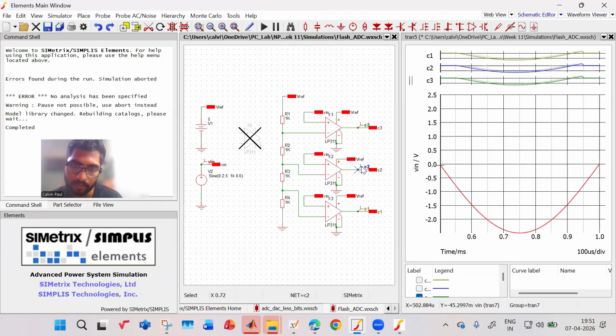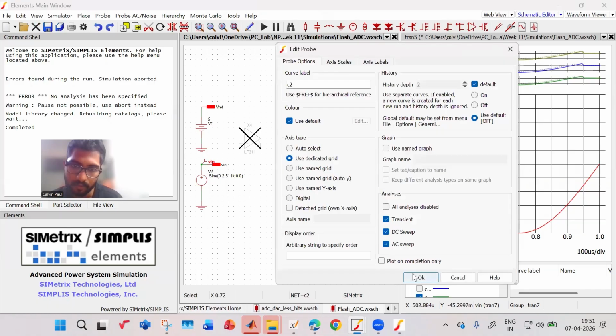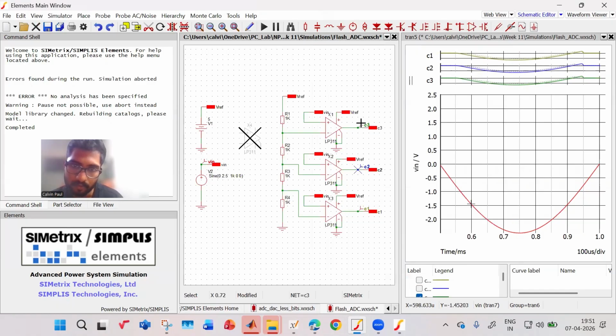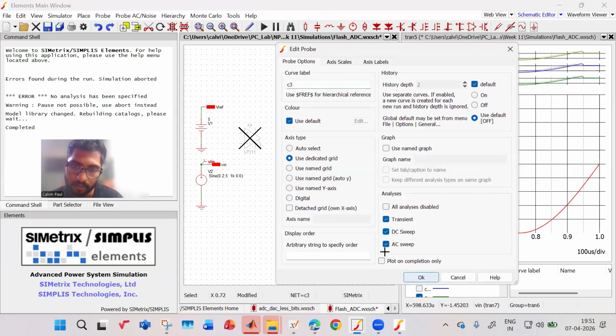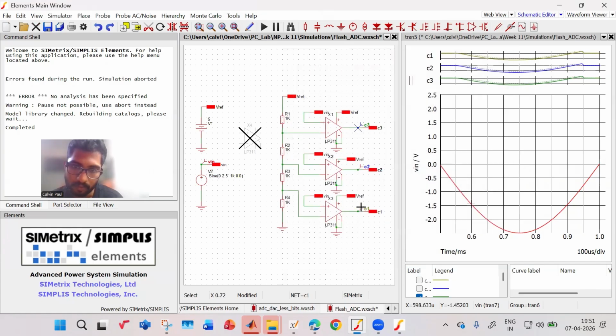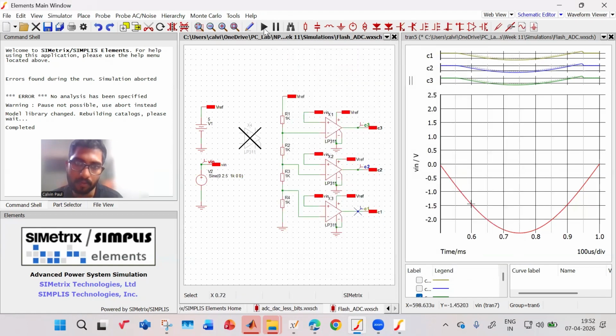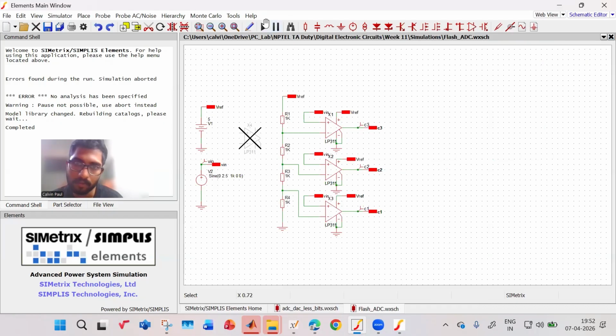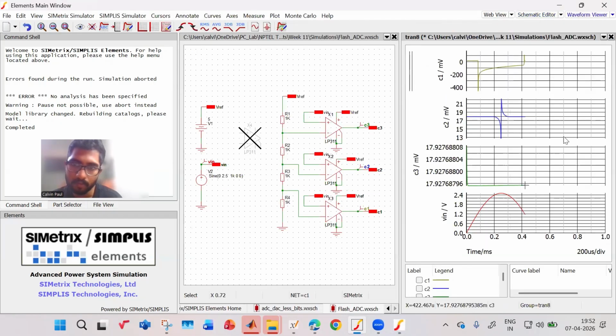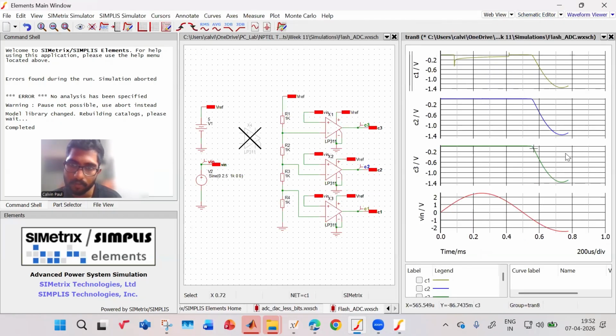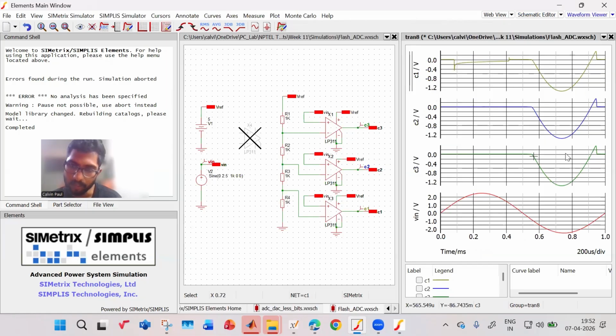Okay. It's going negative. Comparator output should not go negative. Hmm.